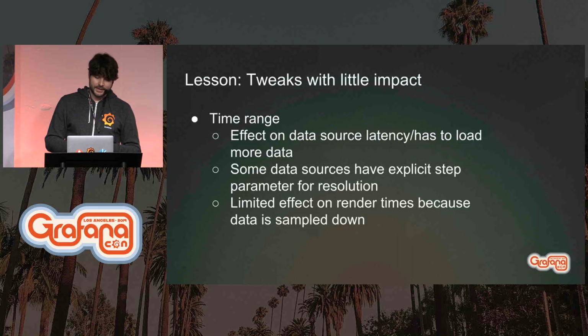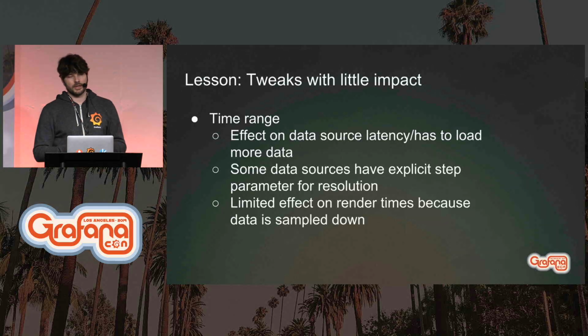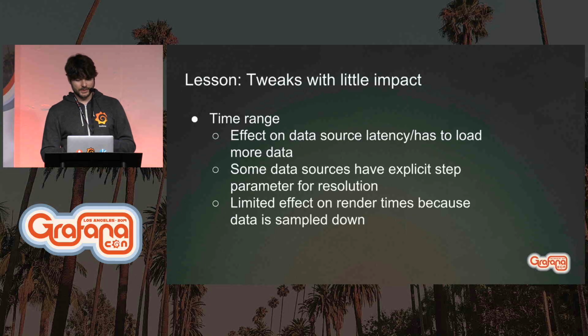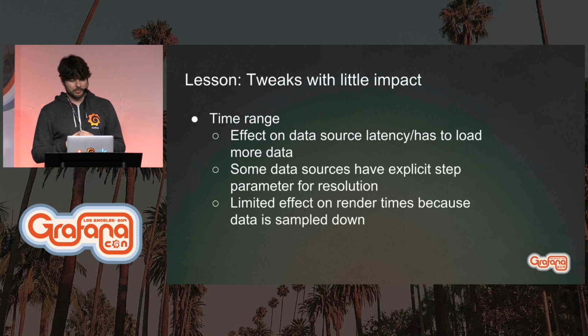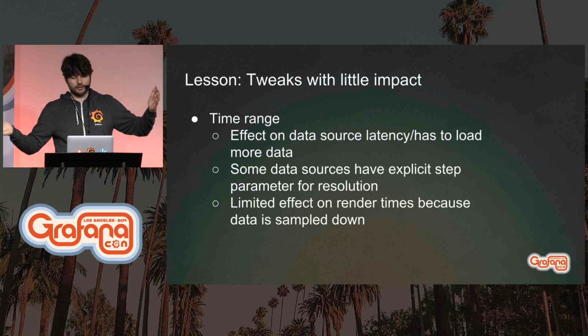And then we ran some more analysis on which tweaks would help you get more performant dashboards, and we found that changing the time range to a shorter range actually doesn't help that much, even though you have to request a wider range.